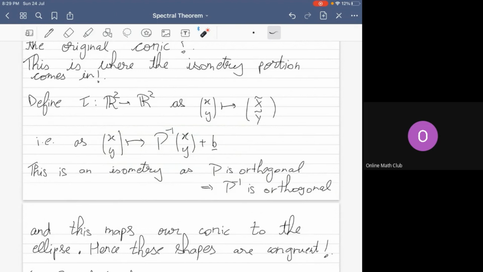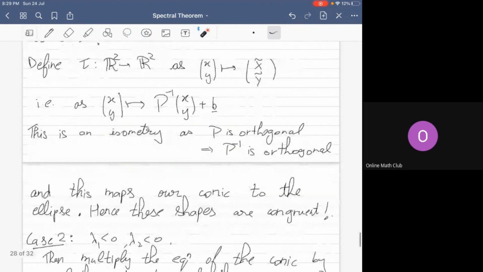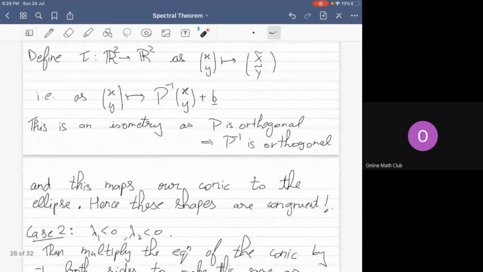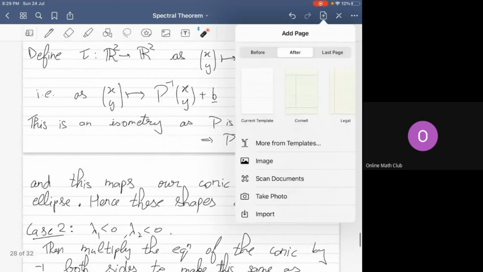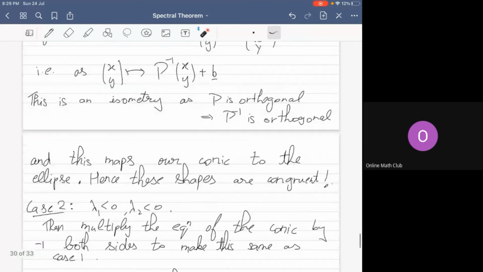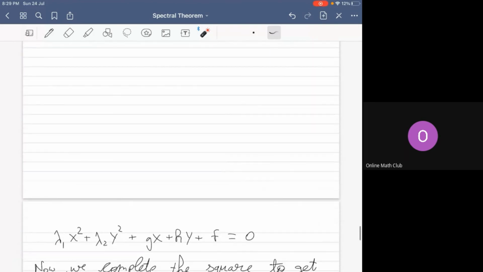in a previous exercise. And moreover, notice where this map sends our conic. So this map, from xy to x tilde y tilde capital, where does this send our original degree 2 equation?